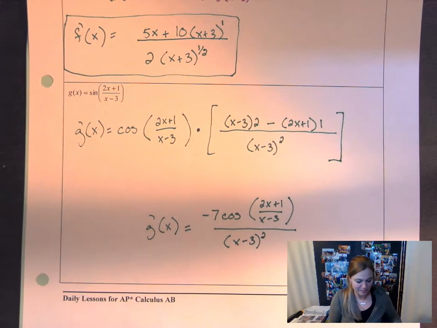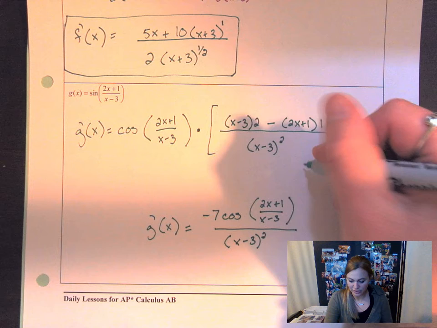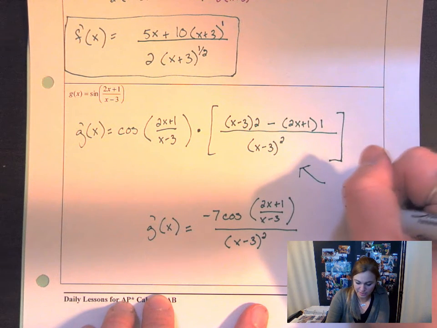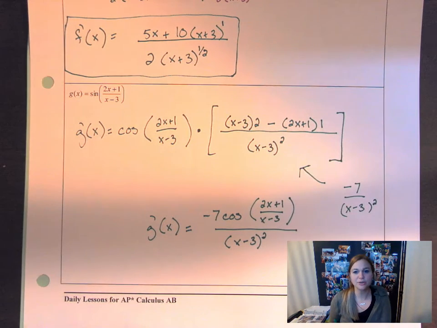Because this whole thing ends up becoming negative 7 over x minus 3 squared. Just so you know.